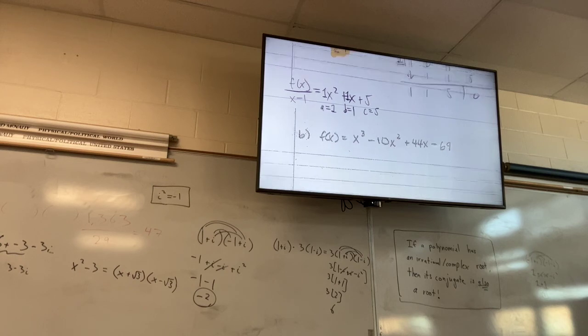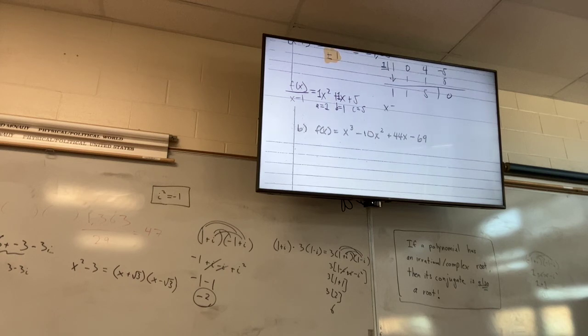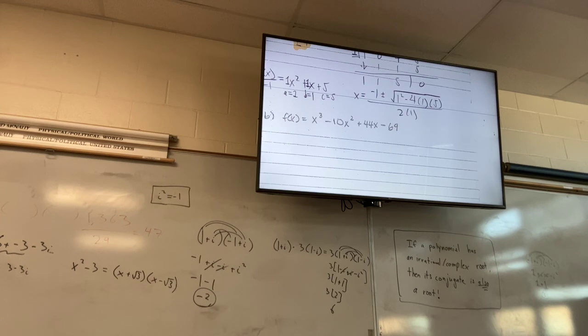So the other two zeros are going to be x equals the opposite of b, negative 1, plus or minus the square root of b squared, so 1 squared minus 4 times 1 times 5, all over 2 times 1. That's negative 1 plus or minus the square root of 1 minus 20, so negative 19, all over 2, which is negative 1/2 plus or minus i root 19.